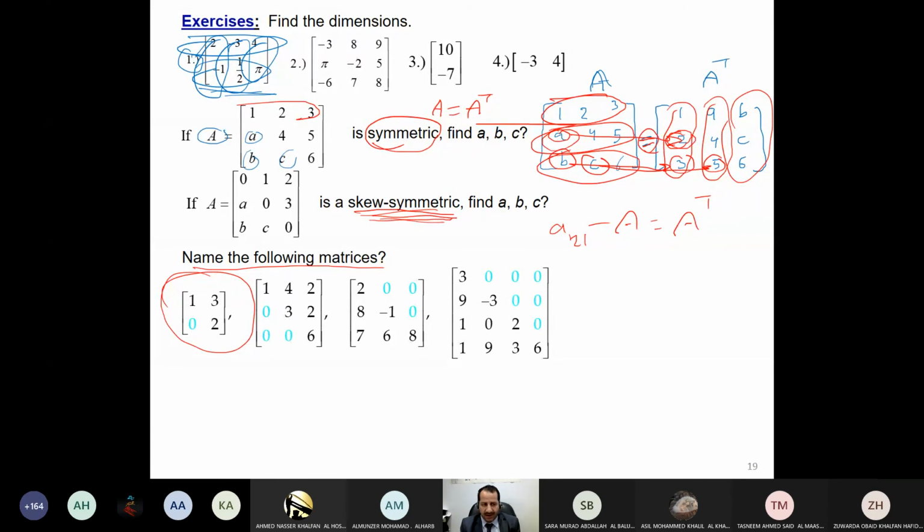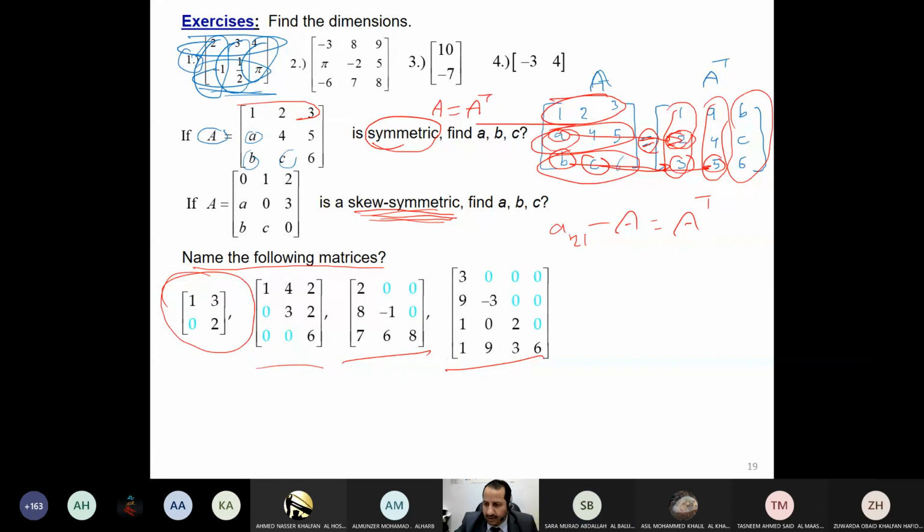Also, it is a square matrix, right? Excellent. What about the second matrix here? Upper triangular matrix. What about the third one? Lower. Excellent. What about this matrix? Also lower triangular.